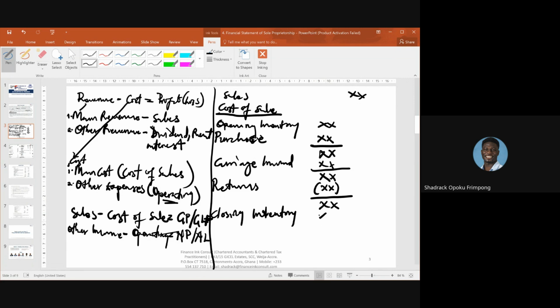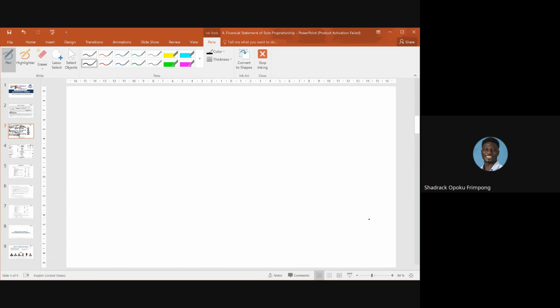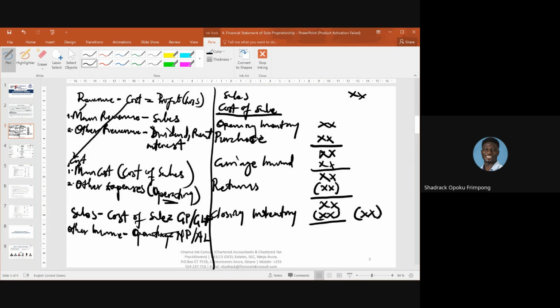So we do that, then we get what? Our cost of sales. Let me just write the total balance here. So this is the cost of sales, meaning the cost of the goods that we have sold to generate this sales revenue.